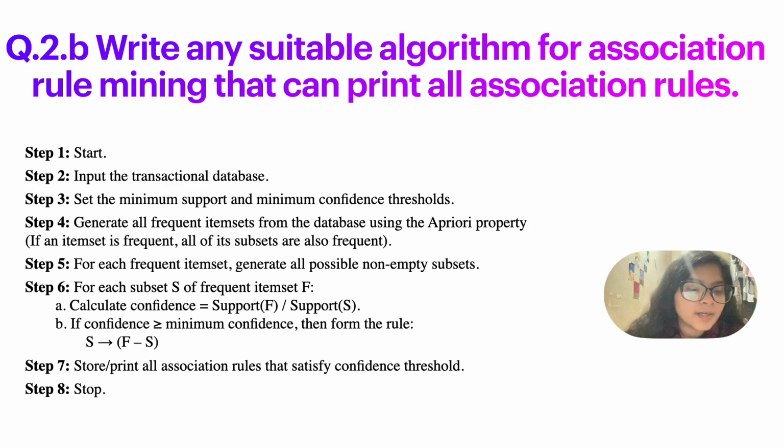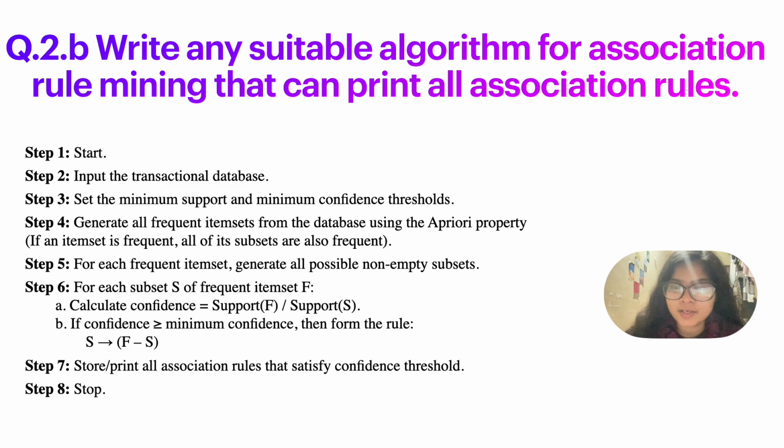If confidence is greater than or equal to minimum confidence, then form the rule S implies F minus S. Then we store and print all the association rules that satisfy the confidence threshold. Then we just stop. This is all to be done for this.